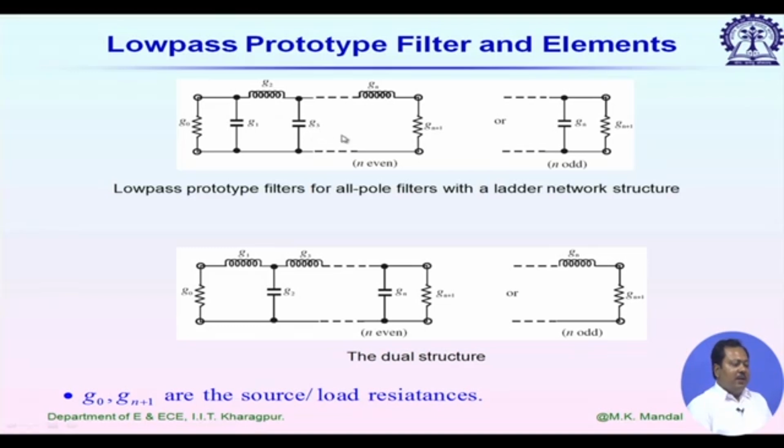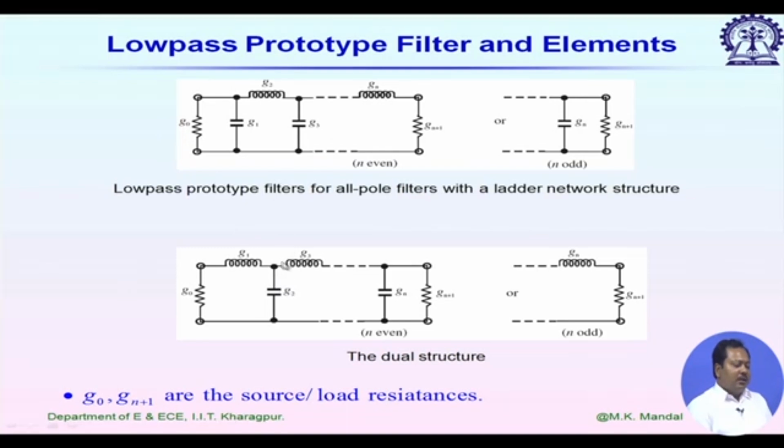If n is even, then the last element will be one inductor, and if n is odd, the last element will be one capacitor. And you can see G naught and G n plus 1 represent the source impedance and the load impedance, represented by two resistors.